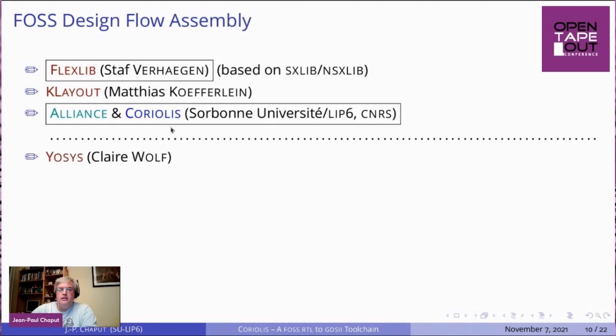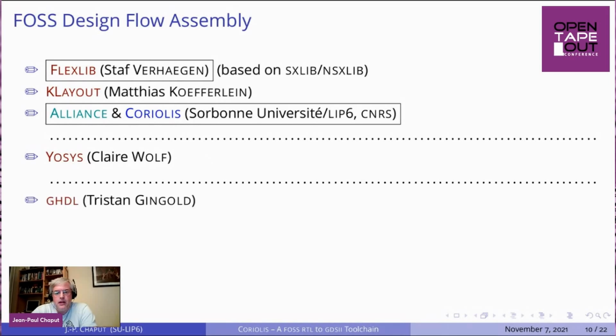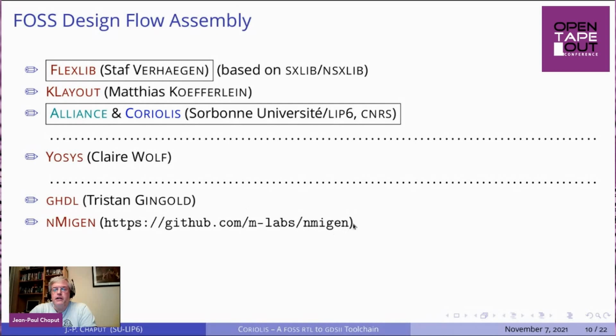Then we leave the physical synthesis stage to enter the logical synthesis stage, which is done by Yosys. I think almost all free tools are using Yosys, thanks to Claire Wolf, a very amazing tool. On top of that, we have GHDL, for example, and nMigen. nMigen is a hardware description language, but you can use any hardware description language.